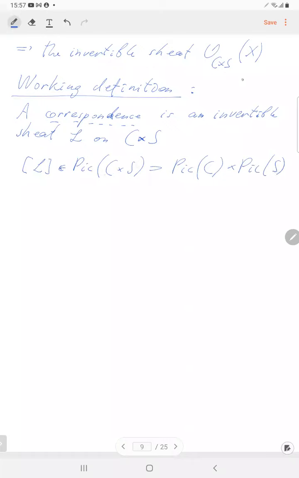Because we can just pull back the invertible sheaves from C and from S. We will be interested in the quotient group.